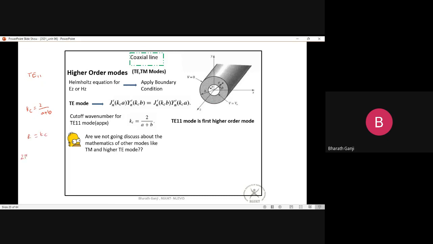So I can say 2 pi fc times the square root of mu naught epsilon naught and the square root of mu r epsilon r, where kc is nothing but 2 by a plus b.